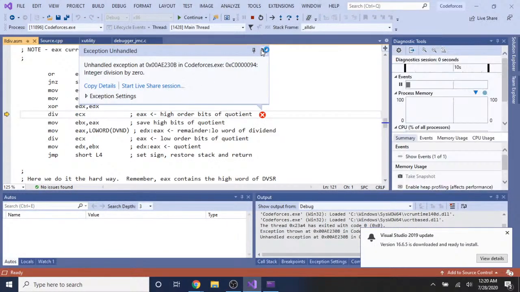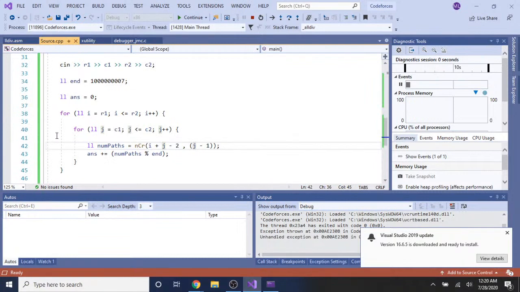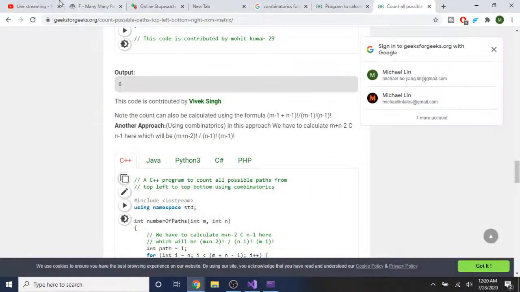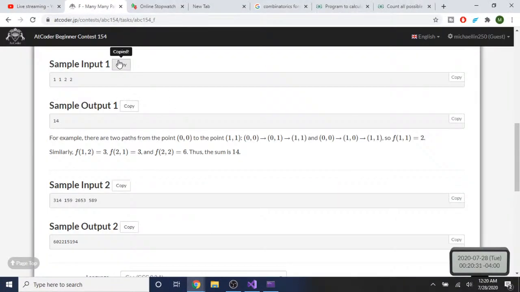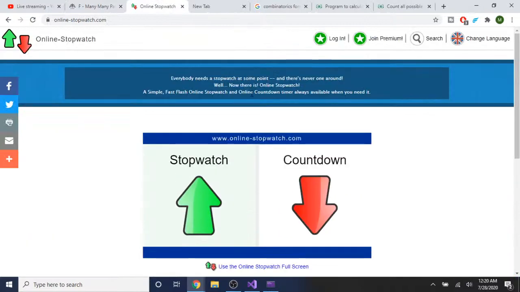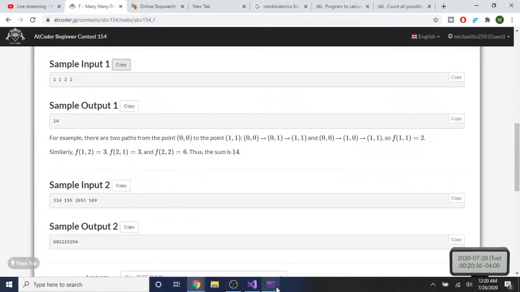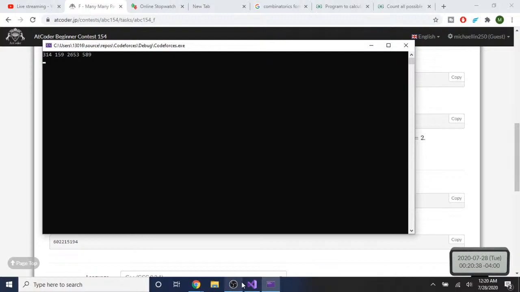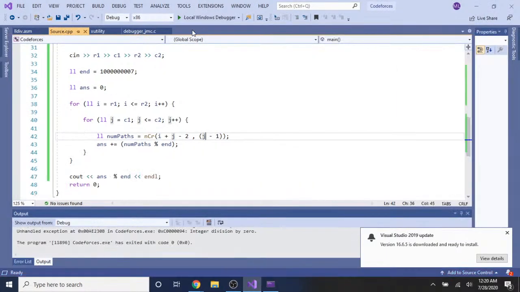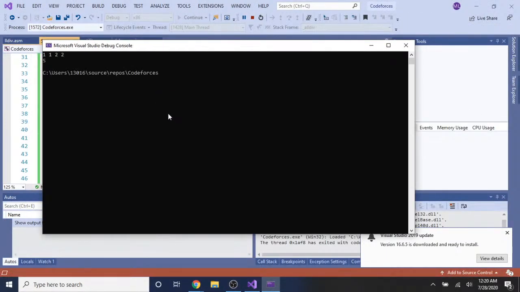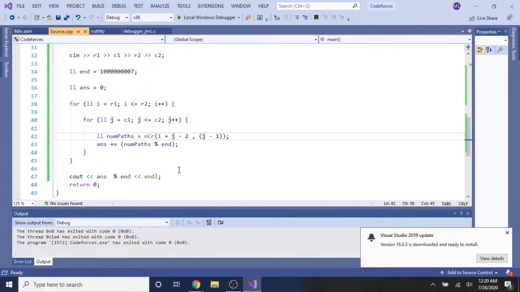Still division by 0. That's really crazy. Okay, let's try debugging. Actually, let's look at the first test case. I think it's time to look at the editorial because I've tried. It's been 20 minutes. I tried i plus j minus 2.